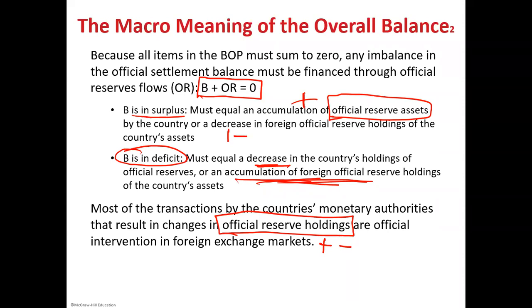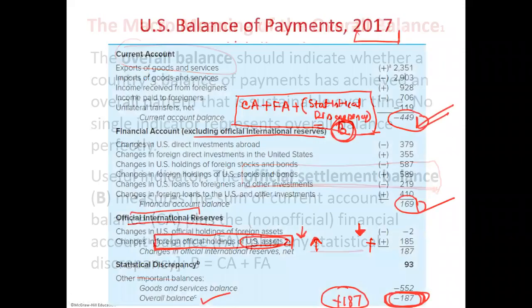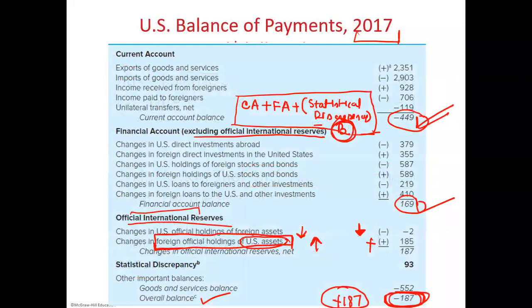Remember this, the overall balance of the balance of payments is this one. The definition we use is the current account plus financial account balance plus the statistical discrepancy.